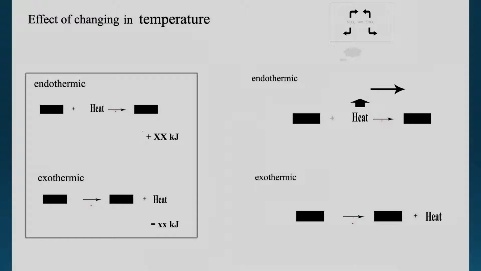Now look at the bottom. If this is exothermic and you add more heat, which way will it shift? It will shift in reverse, under the heat rule, compared to the top picture. So please understand this concept.